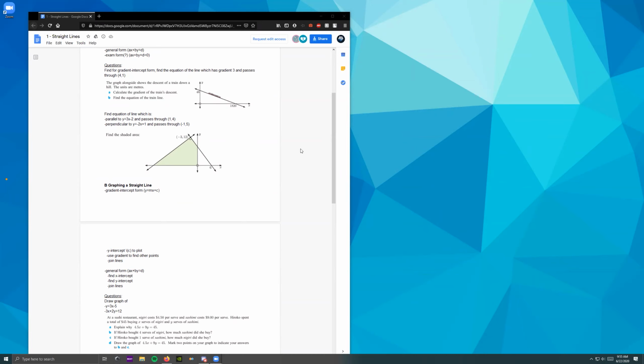So for the next question, the equation is perpendicular to y equals minus 2x plus 1, and it passes through (minus 1, 5).